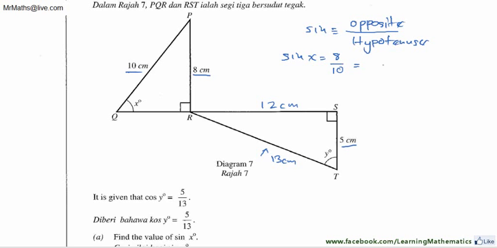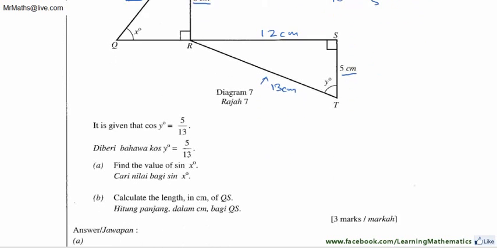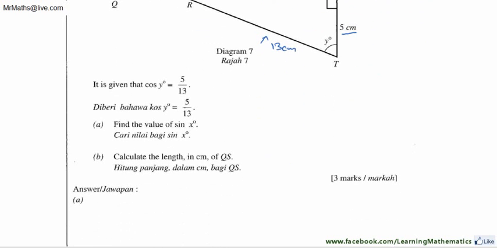So that is equal to 4 over 5 or equal to 0.8. Okay, so that's the answer for question A. Sin x is either 4 over 5 or equal to 0.8.